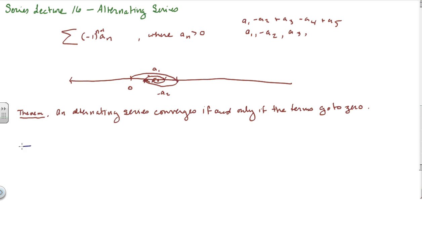Let's look at a quick example. The sum from i equals 1 to infinity of -1 to the i over i. So that's going to be -1 plus a half minus a third plus a fourth, and so on down the road, minus a fifth, etc. This is what we call the alternating harmonic series.